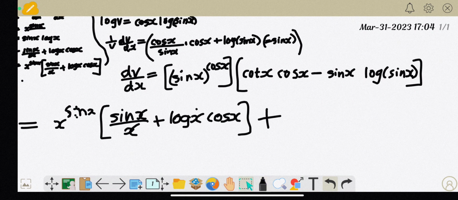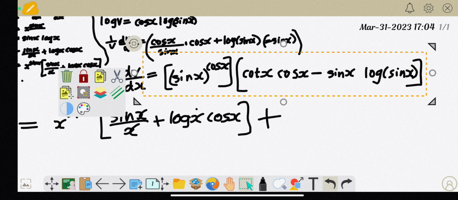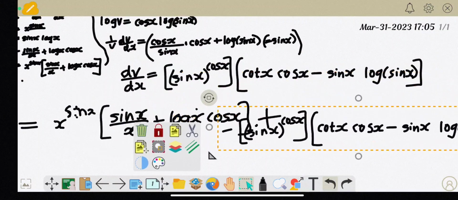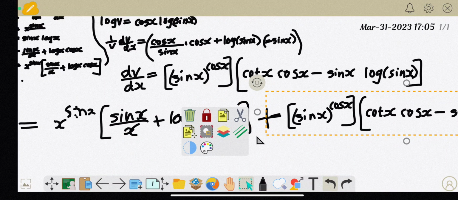So dv by dx is this term. Okay, so that will copy here, and yeah, so this much is your answer.